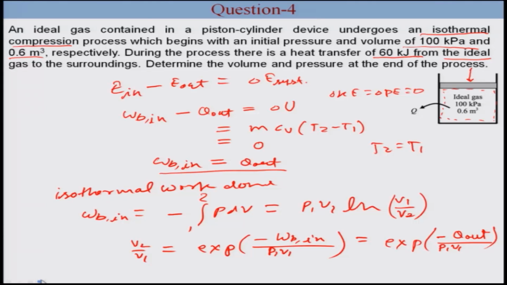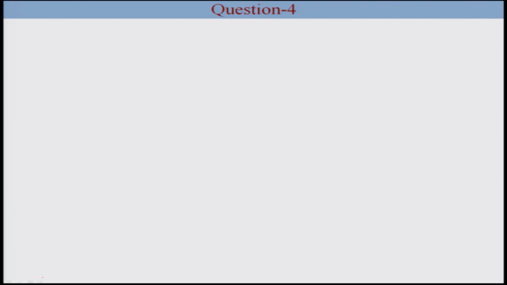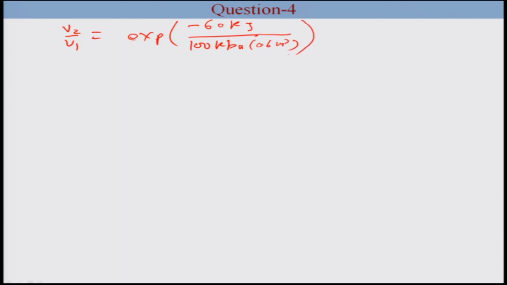Since we know Q out is 60 kilojoule, it is given in the question that the energy coming out of the system is 60 kilojoule. So this is minus 60 kilojoule upon the initial pressure of 100 kilopascal and volume of 0.6 meter cube. So this gives exponent to the power minus 1.